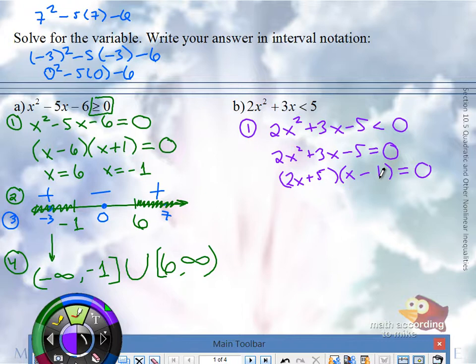Tell me about x. It likes red wine, long walks on the beach. It's negative 5 over 2. Good. Steps 2 through 4 all deal with the number line.